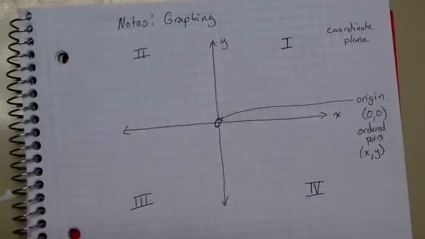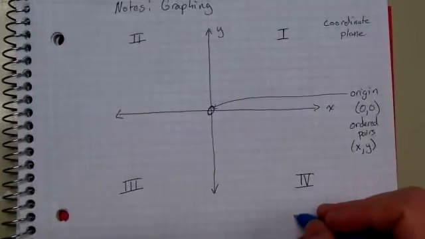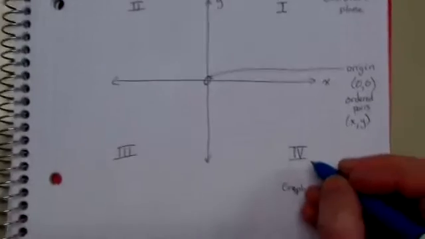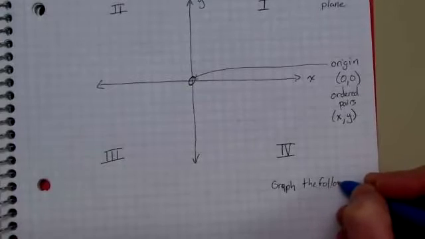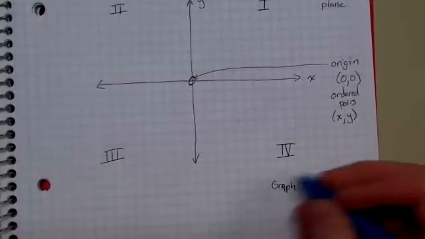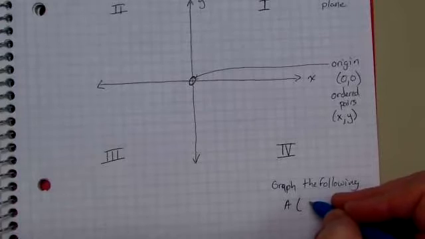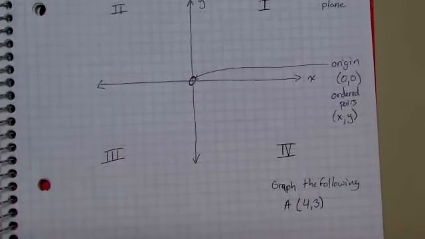All right, so what are we going to do with all this stuff? Well, let's graph the following. So we got 4 points we're going to graph. We have point A, which is the ordered pair 4, 3.